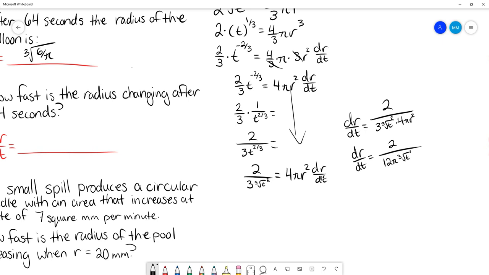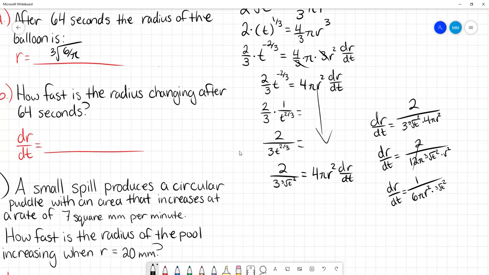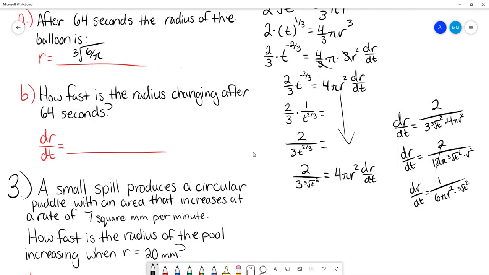Cube root of t squared times r squared. And I can actually cancel that. It's always just nicest to simplify and reduce as much as possible. And I'm actually going to move my r squared in front so it doesn't get confused with the radical at all. And then, boom.